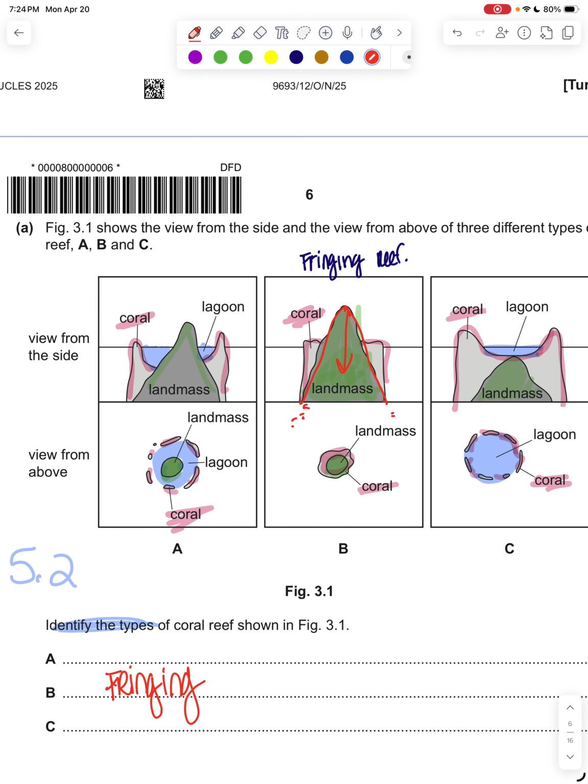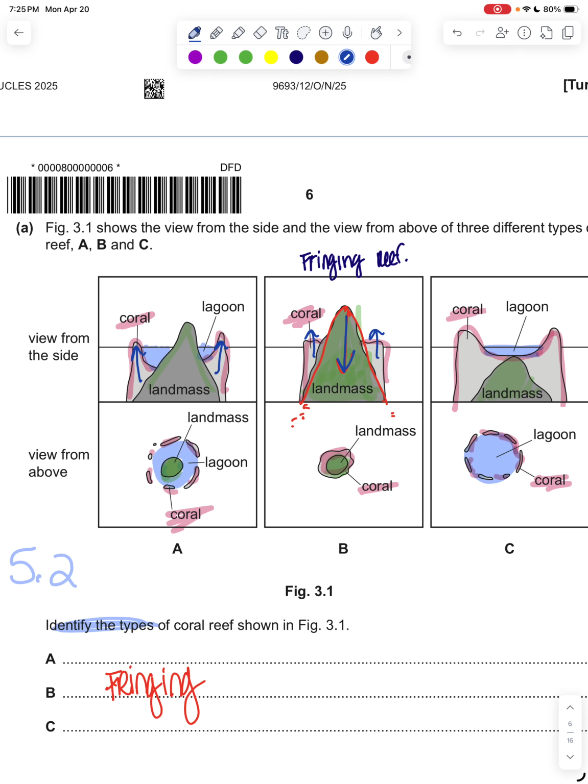And as it sinks, our coral do not want to sink very far with it because now they're going to get further away from the surface of the water and they want to be in a very high sunlit area. So our coral are going to actually be growing up as our land mass starts to sink, and that's called subsidence. And so they start to grow up.